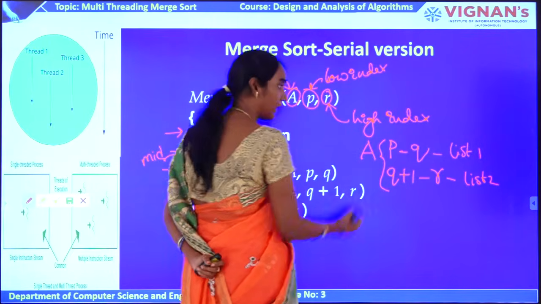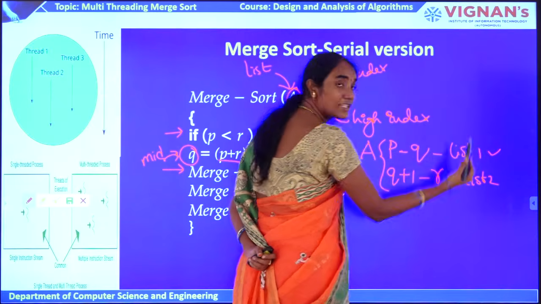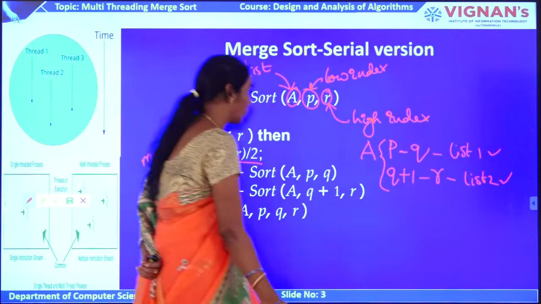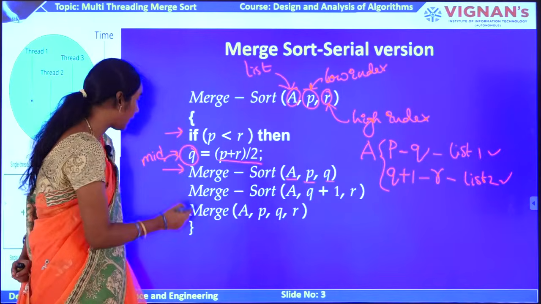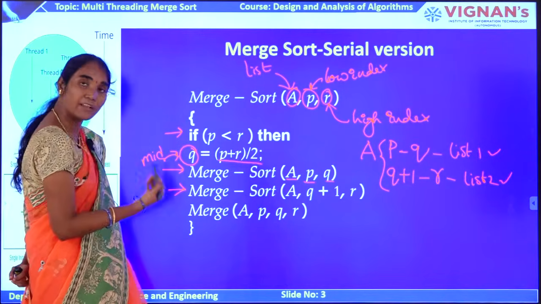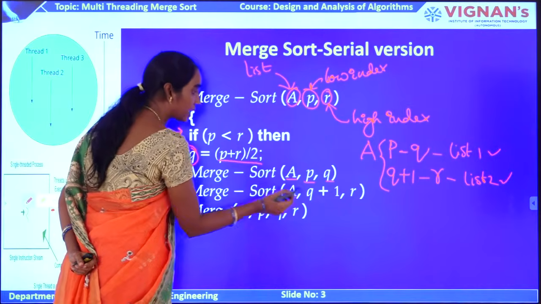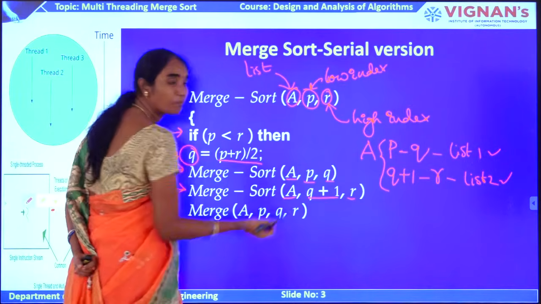So I need to apply merge sort on list 1 as well as on list 2. So merge sort of A, P, Q, and again merge sort on the second list, starting from Q plus 1 to R.